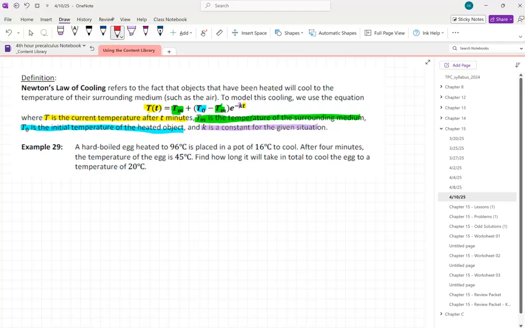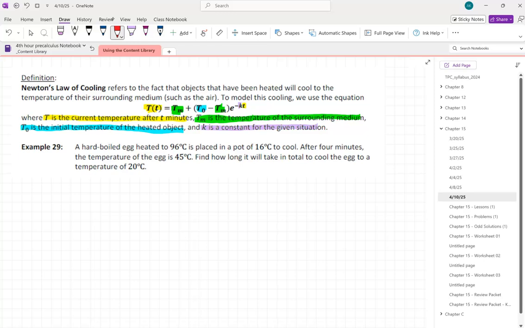So, who here's ever baked cookies? You put the cookies in the oven, heats them up to like 350 degrees or something. 350 as a baker, yeah, that's probably right on.